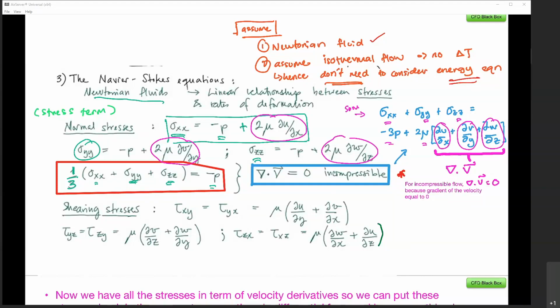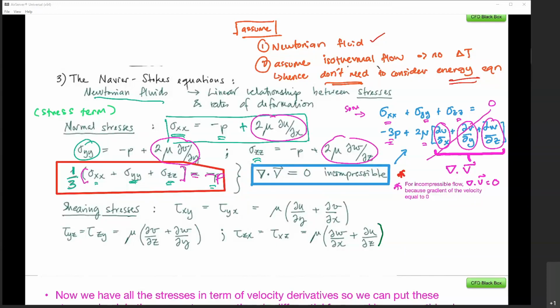So for incompressible flow, this is important: the gradient of the velocity equals 0. So you can cross out this term, and that is why you are left with, when you move 3 to the left, 1 over 3 of this sigma term equals negative p.